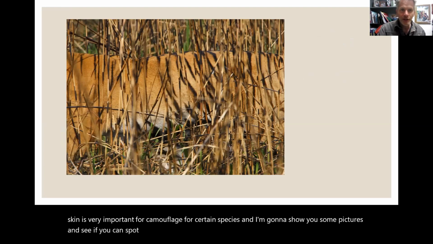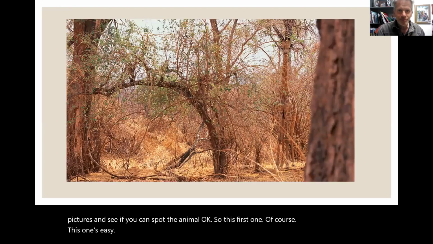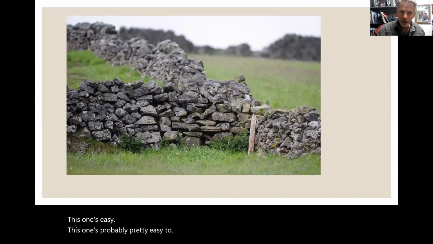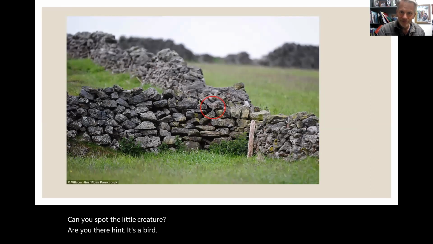Okay, so this first one, of course, this one's easy. This one's probably pretty easy too. Okay, now this one, take a moment. Can you spot the little creature? I'll give you a hint. It's a bird. See him? There he is, right?